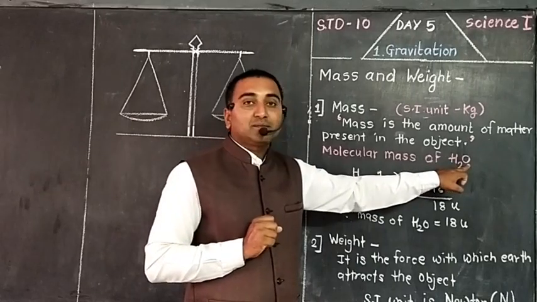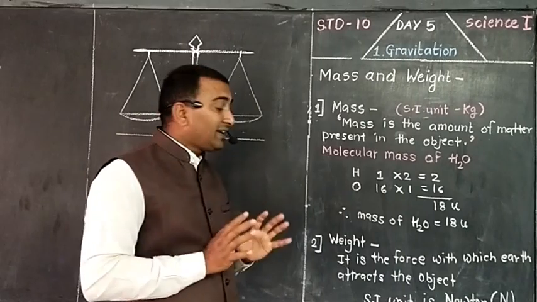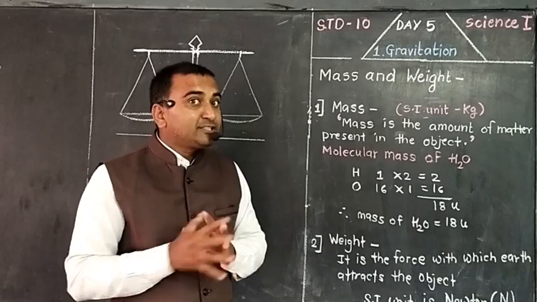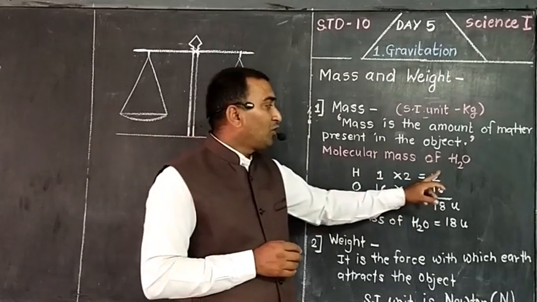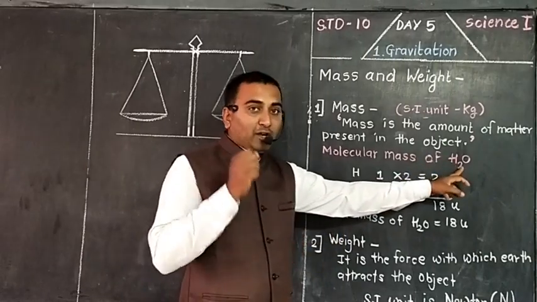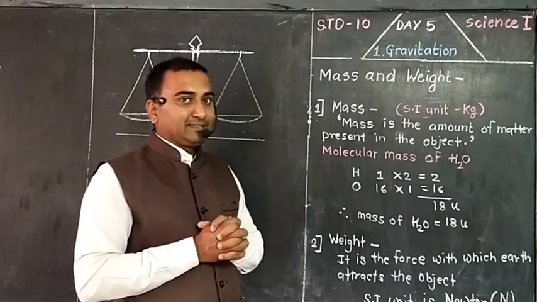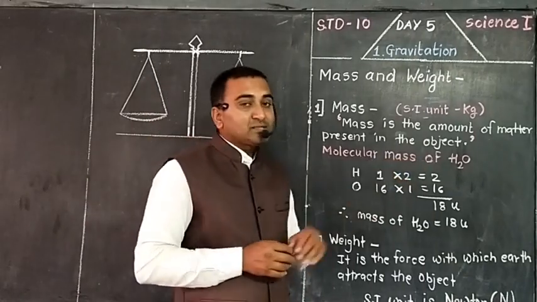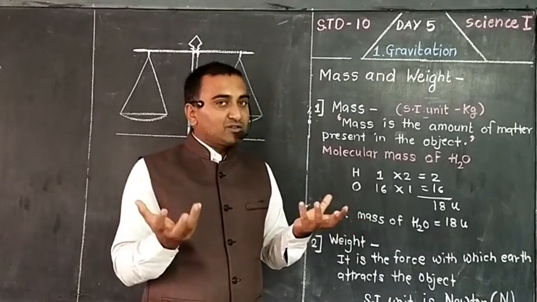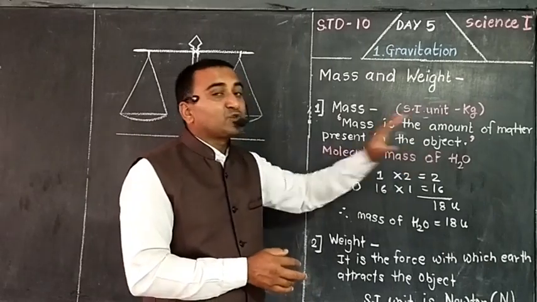Then how many subparticles are present in an atom of oxygen? There are 16, that means 8 protons and 8 neutrons. So the atomic mass of oxygen is 16 Dalton. Combine these, then a molecule of water is formed.